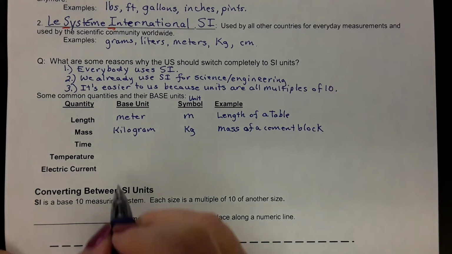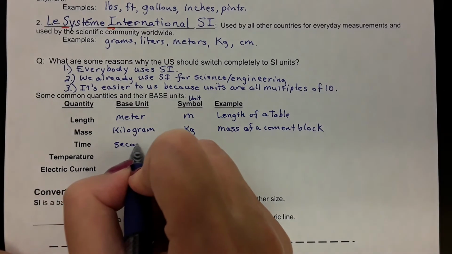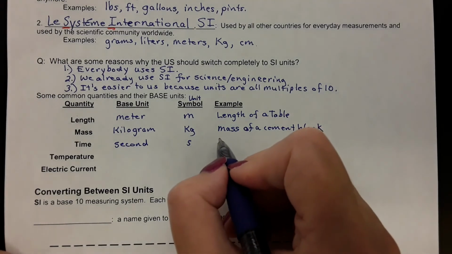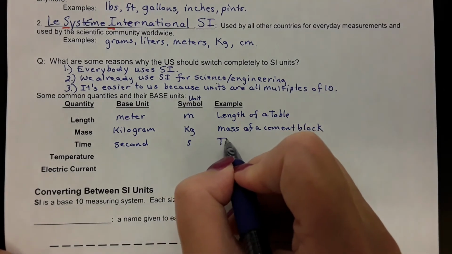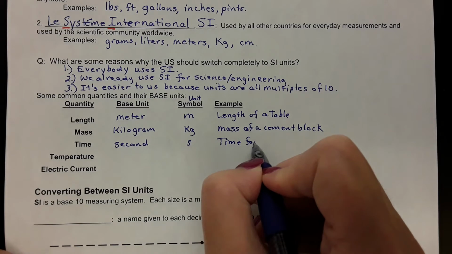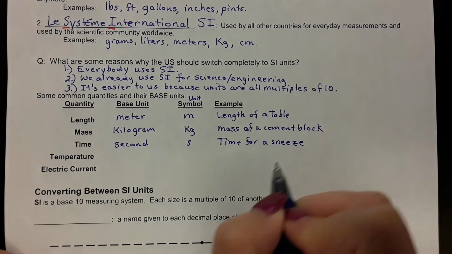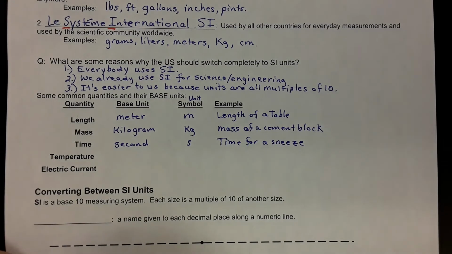Time is measured in seconds. We use an s at the end of the measurement, and maybe you could use a second to measure the time for a sneeze, although it'd probably be a fraction of that, maybe a hundredth of a second. Temperature.